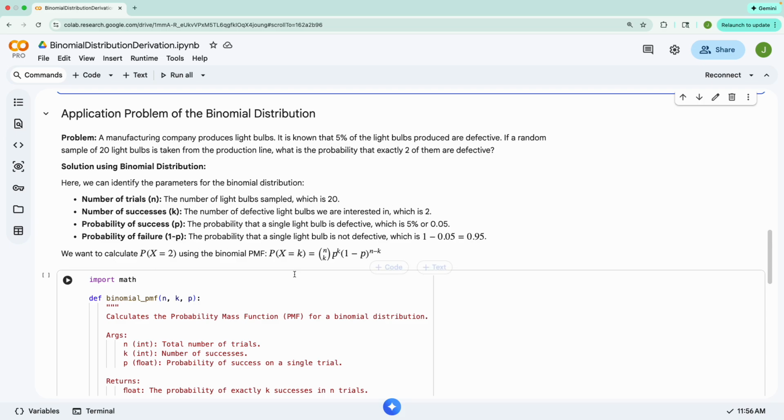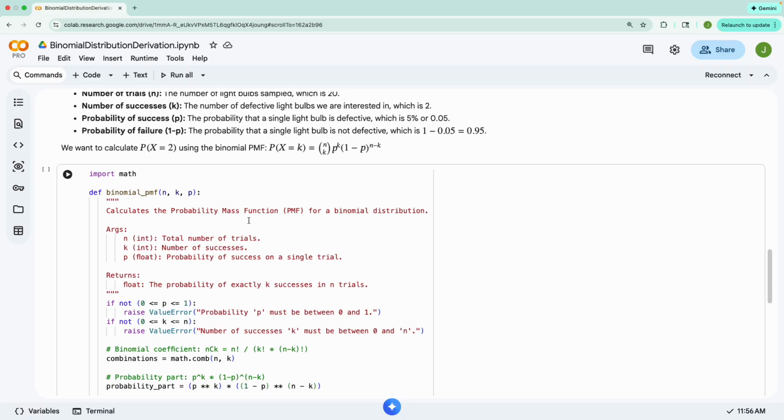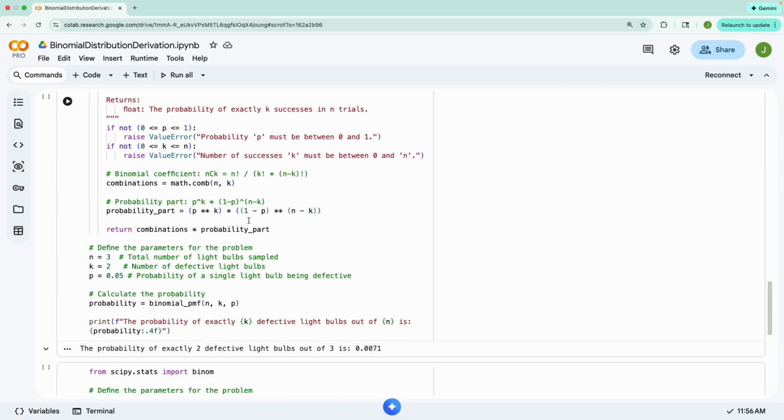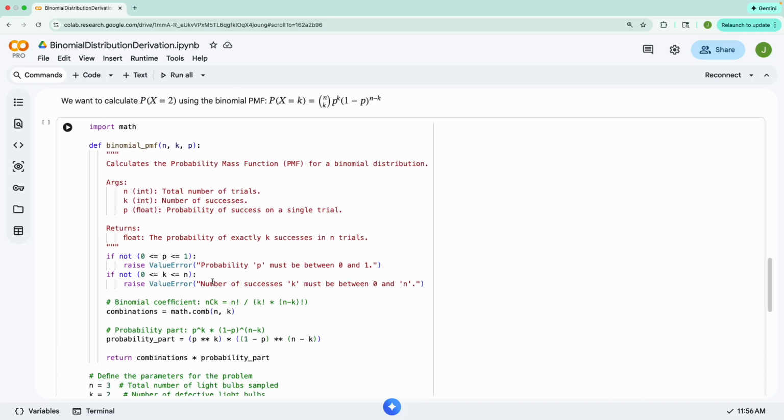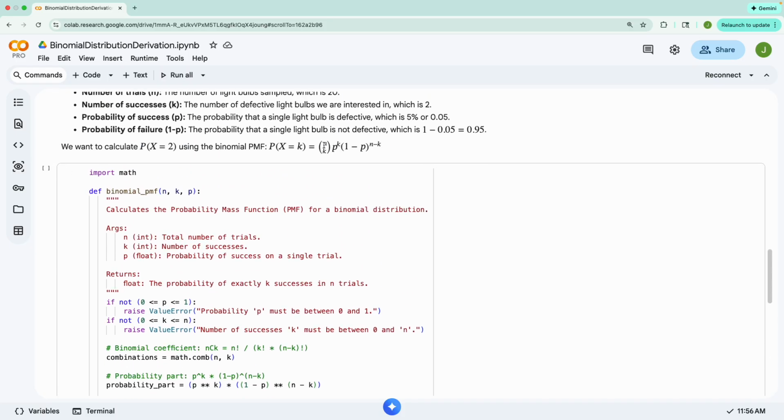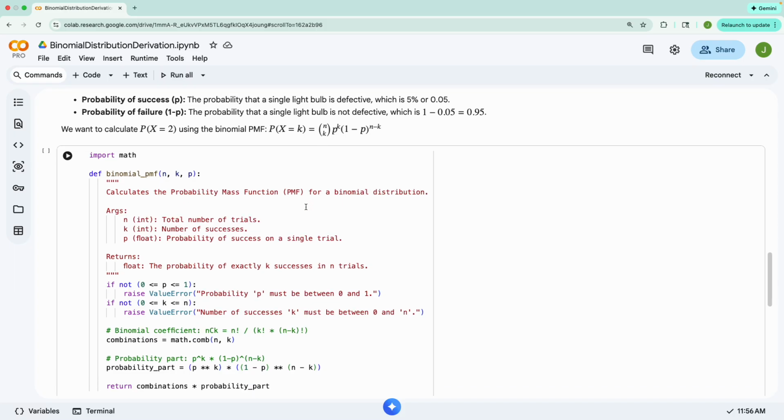We're going to use this formula here, and in Python you can make all the definitions and calculate the probability, or you could just plug it into your calculator. n is 20, k is 2, p is 0.05, and use this formula with k equals 2.